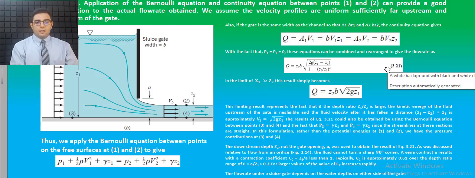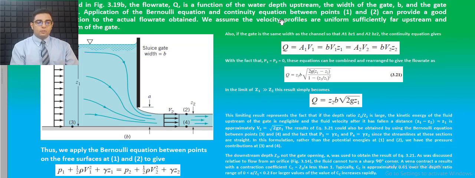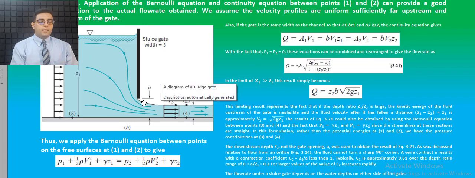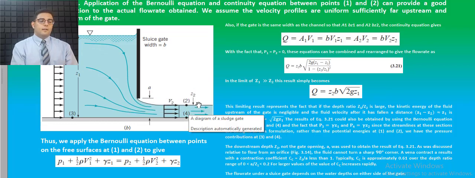As I told you, the flow rate is a function of the width, the gate opening, and the height here. If we consider this height really larger than Z2, we can have it as this.